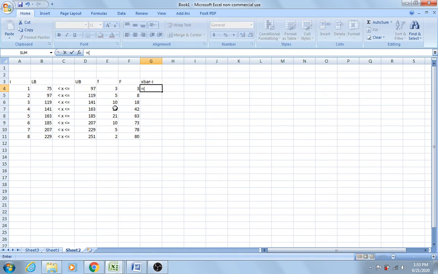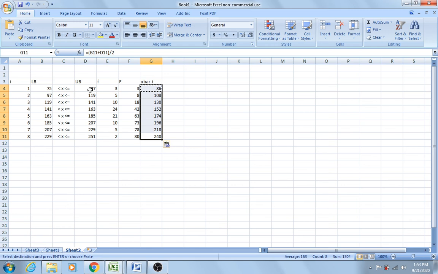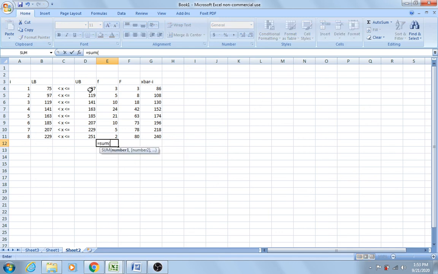It is just the lower bound plus the upper bound divided by 2, or just the average of the two. Then you copy and paste everything. After that, you need to calculate the total frequency. You just sum it. And it is 80.